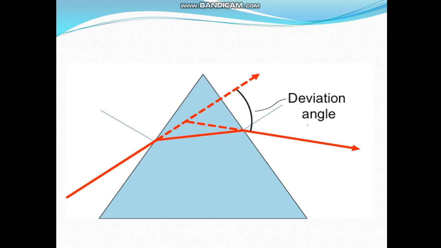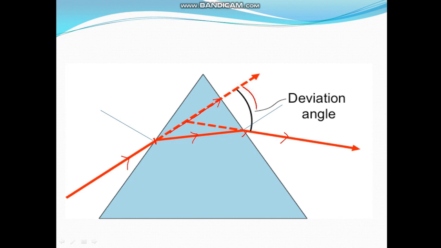Now finally, see this diagram and you will have a very clear picture of the angle of deviation. Remember, this is your incident ray. Here we have the refracted ray and this is the emergent ray. So the actual path of the light would have been this one had the prism not been there. But because of this prism, the light suffered refraction once at this surface, then at this surface, so it has deviated from its original path.